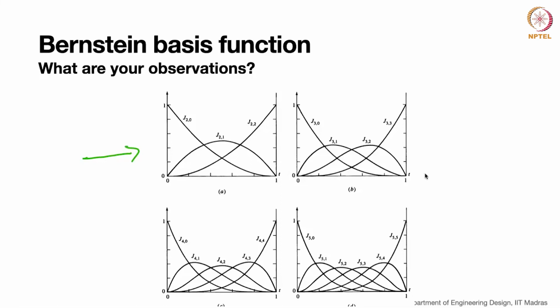Sir, are the constants the binomial coefficients? Because if we are choosing 2 points, it will be 2C naught. If it's one point, then you will get the entire straight line itself, no curve there.